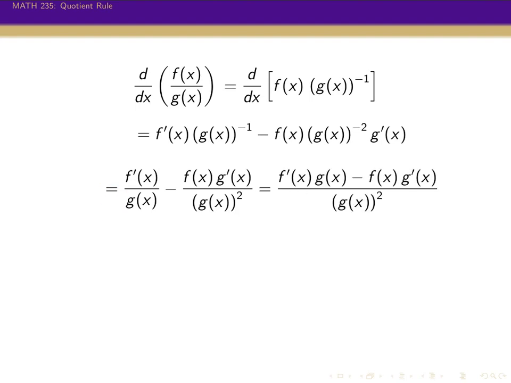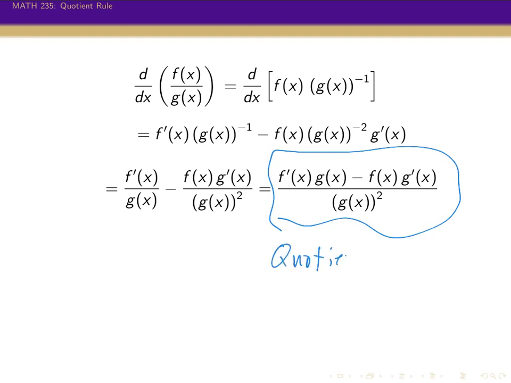And so then we can combine it, and we get this, just sort of thought of as the traditional form of the quotient rule. So here is our quotient rule. When you're taking the derivative of f of x over g of x, it's going to be f prime, so the derivative of the top times the bottom, minus the top times the derivative of the bottom, divided by the bottom squared.